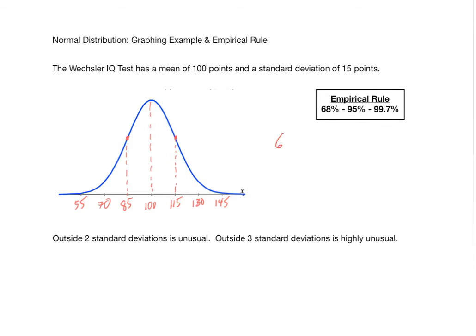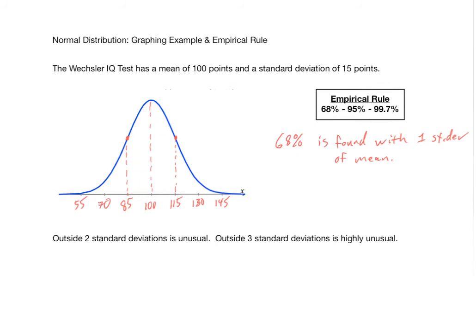It tells us that 68% of the data is found within one standard deviation of the mean. So that means that precisely 68% of people have an IQ between 85 and 115.